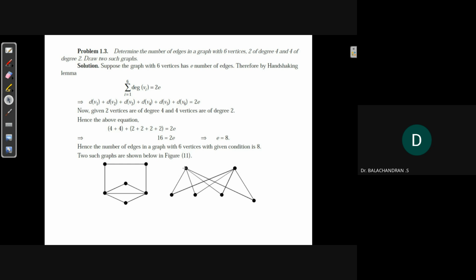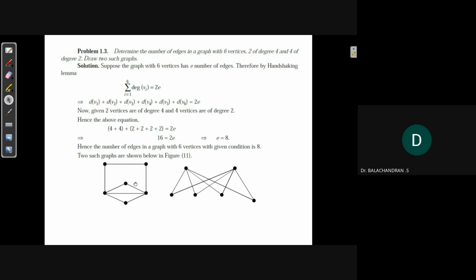If I take two vertices here and 4 vertices here, and join these two vertices to every one, you'll get degree 4. Similarly, if I join this one here to everyone, degree 4. So similarly all the 4 vertices are degree 2. So this is one such example.